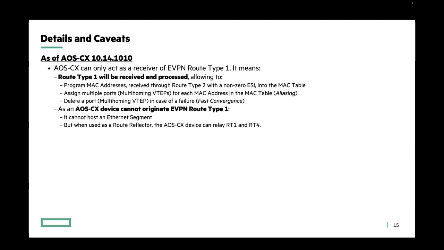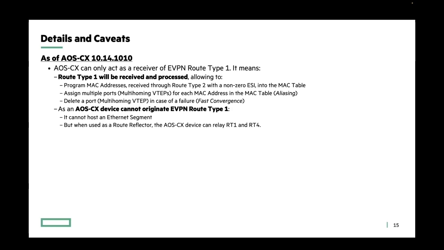Okay, so as of 10.14.1010, a CX device can act as a receiver of EVPN route type 1. So, okay, but what does it mean exactly? So it means that RT1 will be received and processed, which will allow the receiving VTEP to program the MAC addresses into its MAC table in case the RT2 that it receives has a non-zero ESI.